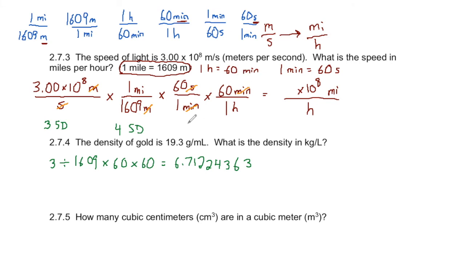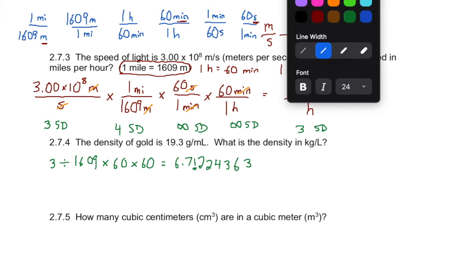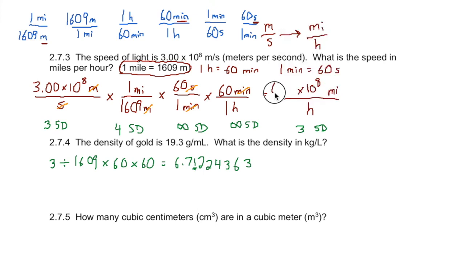An hour would have 60 minutes in it. So let's go ahead and count these as exact. So if we want our answer to have 3 significant digits, we're going to round it to this place, and it will be 6.71 times 10 to the 8th miles per hour.